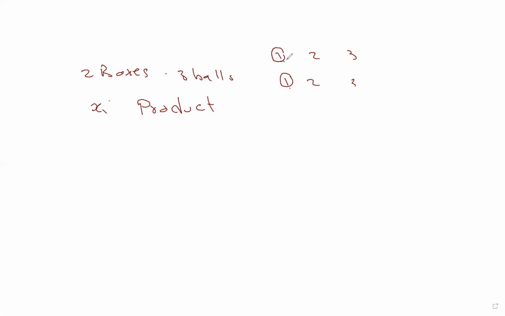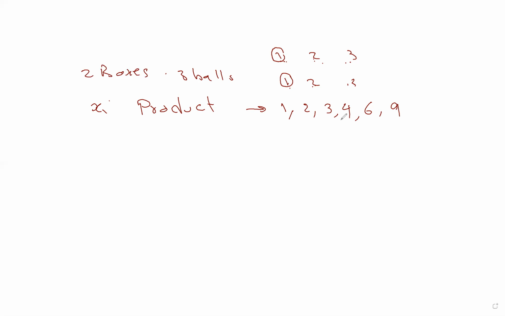1 times 1, or 1 times 2, or 1 times 3, 2 times 1, 2 times 2, 2 times 3, 3 times 1, 3 times 2, 3 times 3. Then the products will be 1 times 1, which is 1, 1 times 2, 1 times 3, 2 times 1, which is repeated, 2 times 2, which is 4, 2 times 3 is 6, and 3 times 3 is 9.